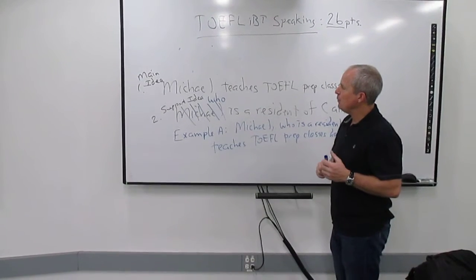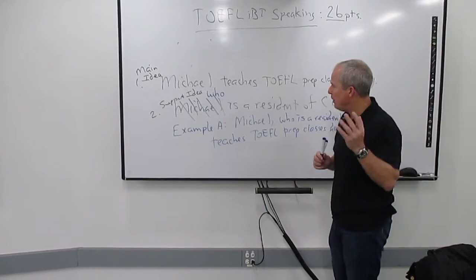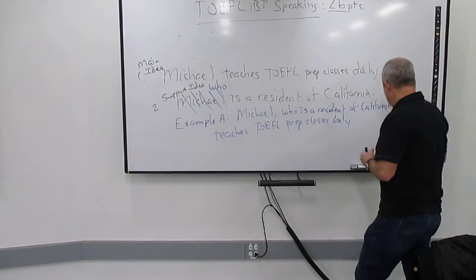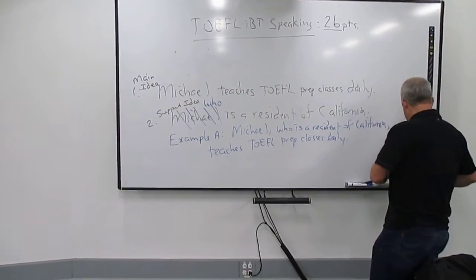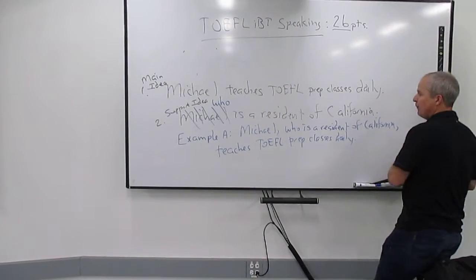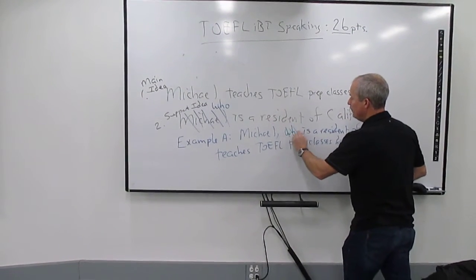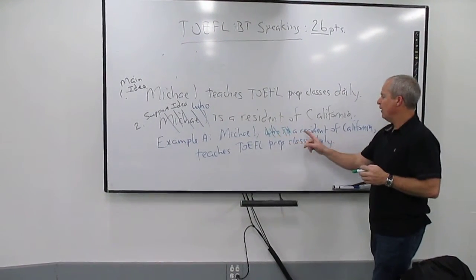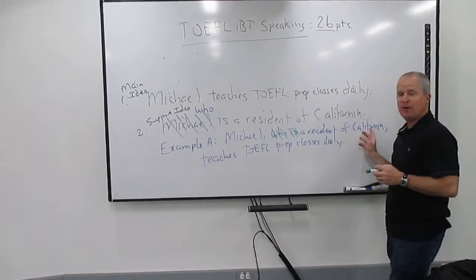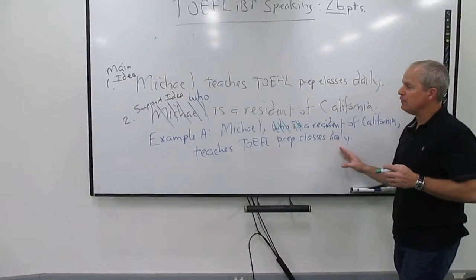However, I'm going to show you another sentence which is even better than that. So the next thing is, I'm going to go ahead and get rid of a couple of words here. This one, who, and then is. And then I say Michael, comma, a resident of California, comma, teaches TOEFL prep classes daily.